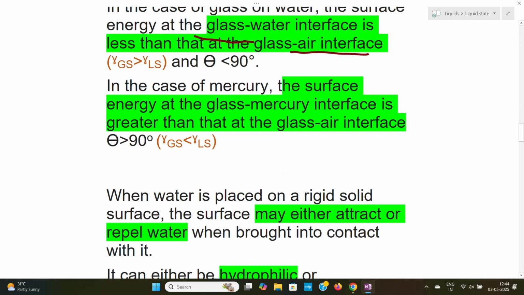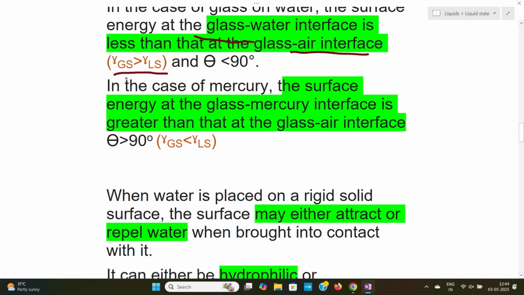Otherwise, we can see that gamma Gs is greater than gamma Ls. That is, the surface energy of the glass-air interface is greater than that of the glass-water interface.